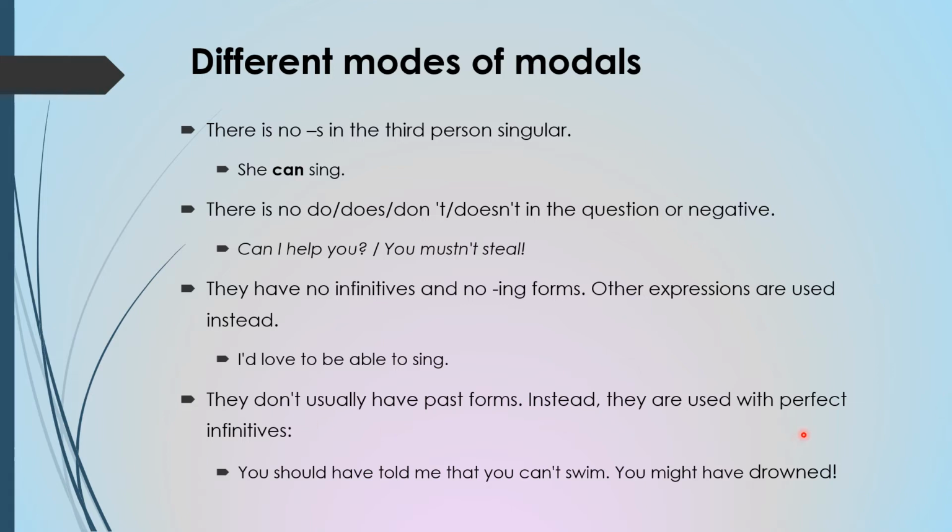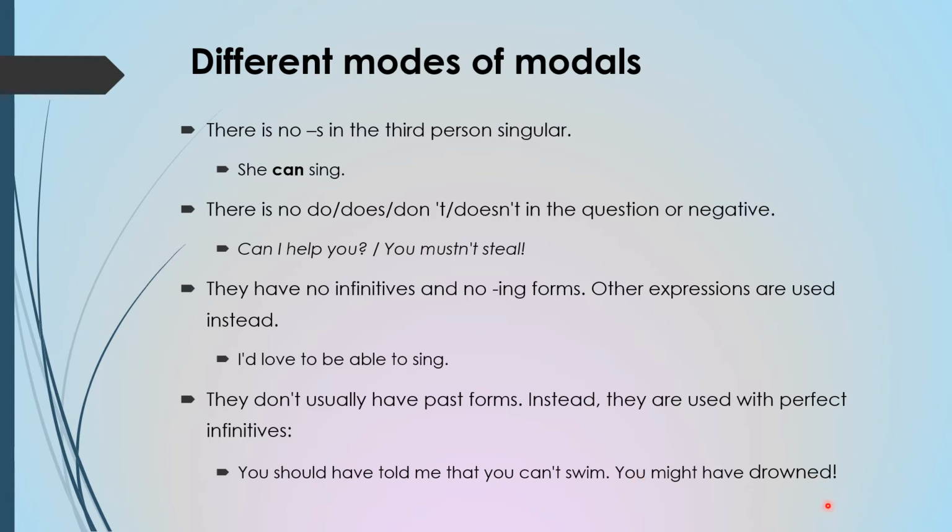What are perfect infinitives like? You should have told me that you can't swim, you might have drowned. So "should have" means you did not tell me that you cannot swim. It's a basic one, you can't swim.